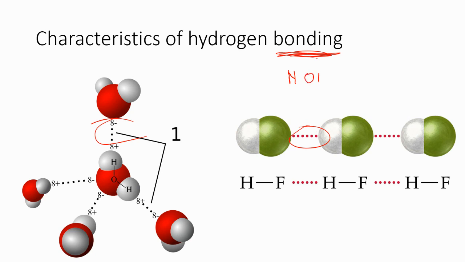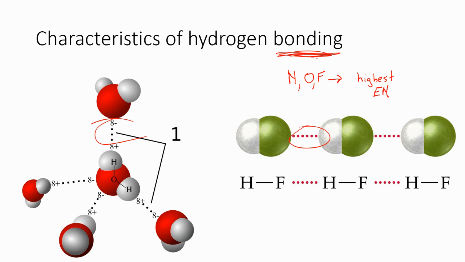You need one of these three atoms bonded directly to hydrogen: nitrogen, oxygen, and fluorine. These three atoms have the highest electronegativities on the periodic table. That means they're really good at pulling electrons to themselves and away from another atom. So they really pull the electron away from hydrogen.